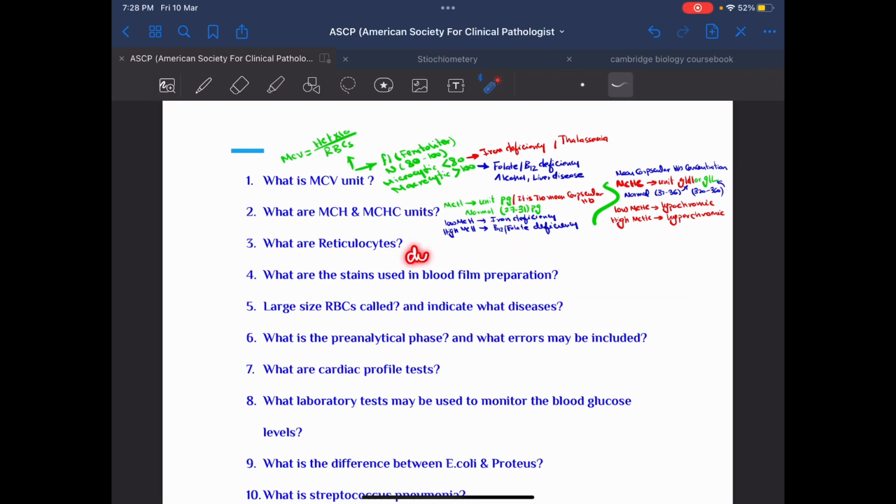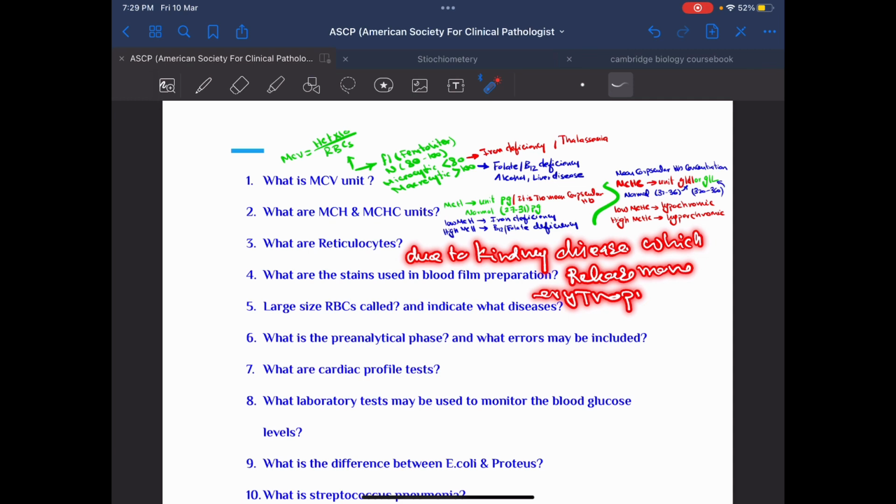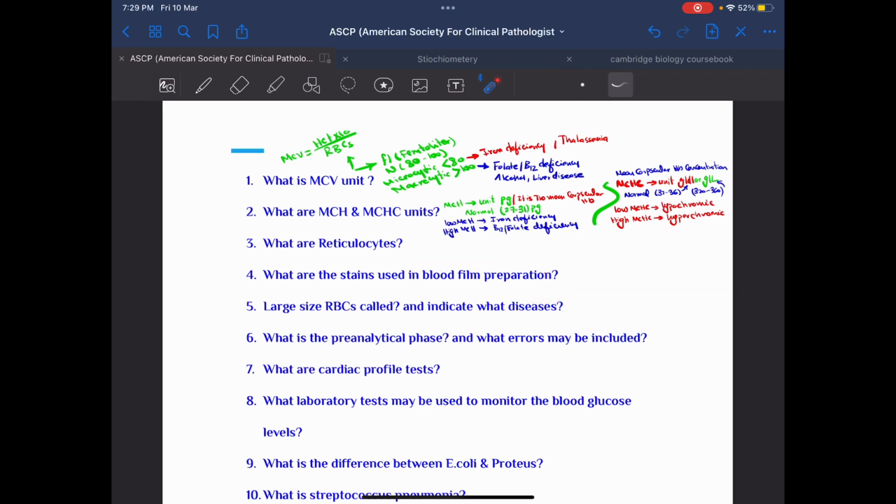It is also due to kidney disease, which releases more erythropoietin hormone, which is responsible for RBCs production.